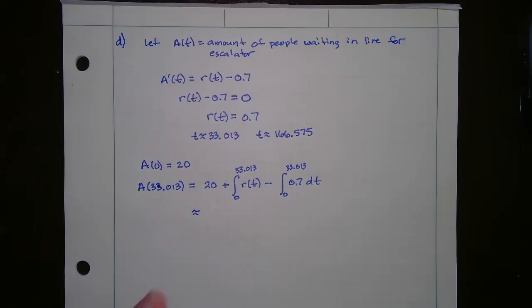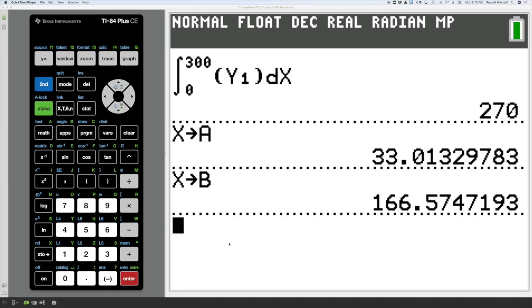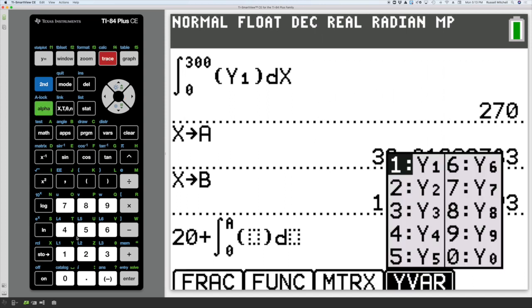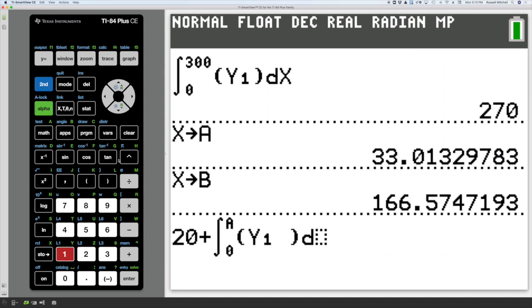So we're going to go back to our calculator. I'm going to put this in. We're going to put in 20 and then plus the integral from 0 to A, because A is the 33.013, of y sub 1 dx, and then minus, because we're removing, right?